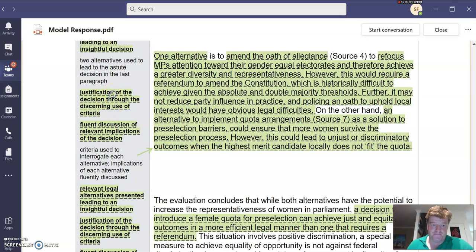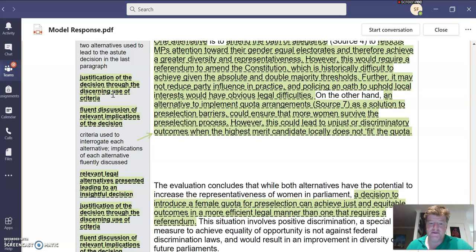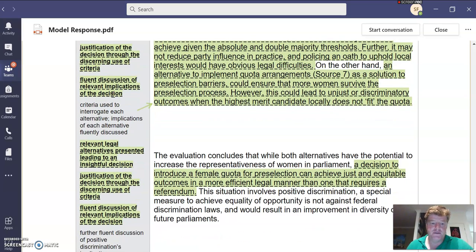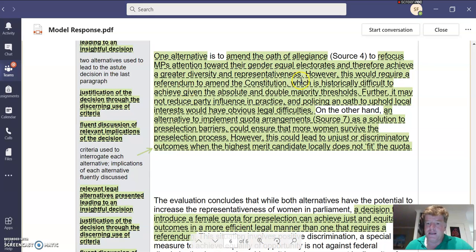There are some criteria that are used, right? And the criteria is how representative would things be. So what are the implications of each alternative? And the main criteria they're looking at is representativeness. How many women are either of these things going to get?